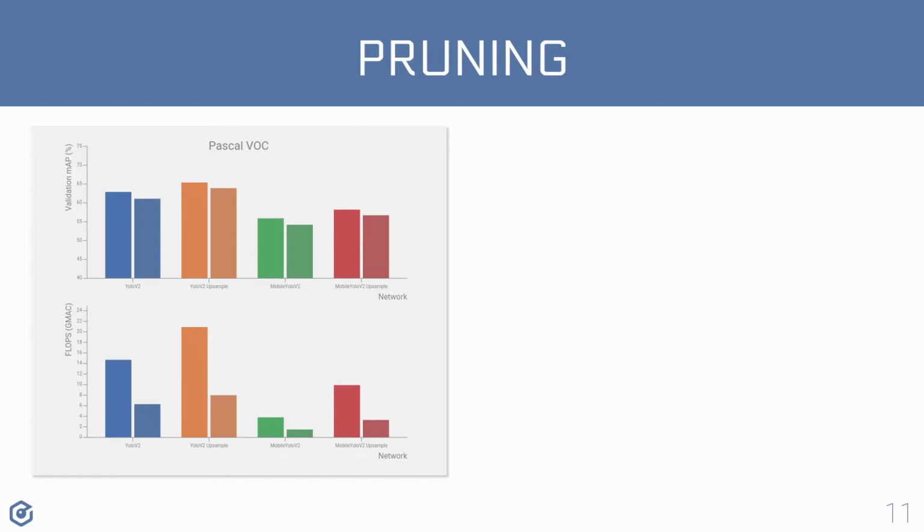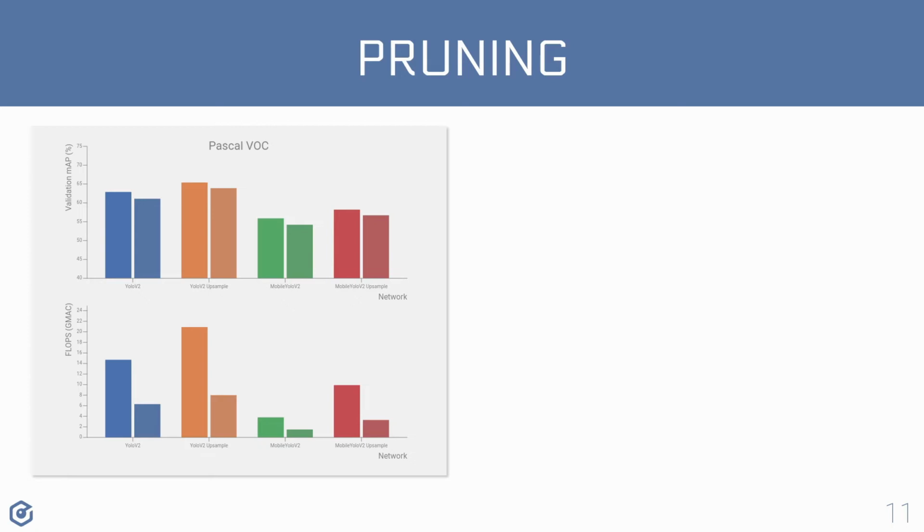Looking at the validation accuracy, we see that it slightly drops. This is this beta parameter which we allow it to drop. And looking at the number of computations, we see that we were able to prune over 50% of the computations on all the networks, which is quite impressive. Our fastest network, which is mobile YOLO v2, is about 10 times faster than the original YOLO v2 network.